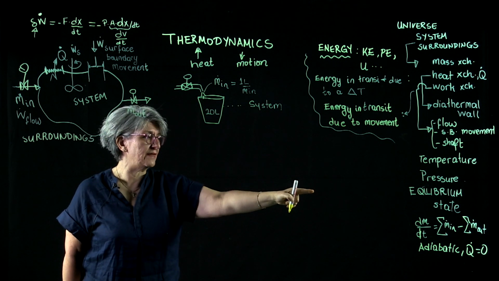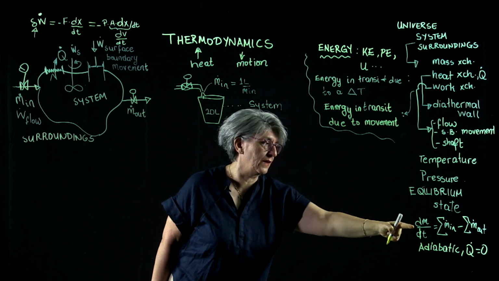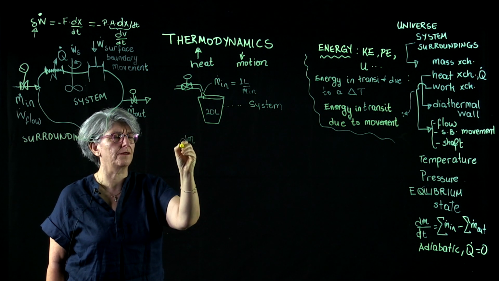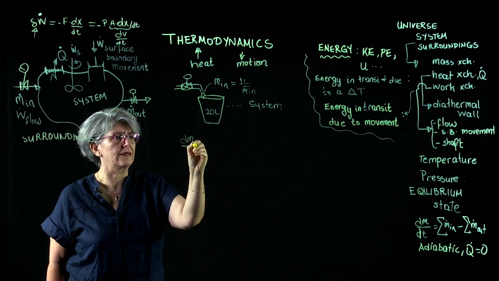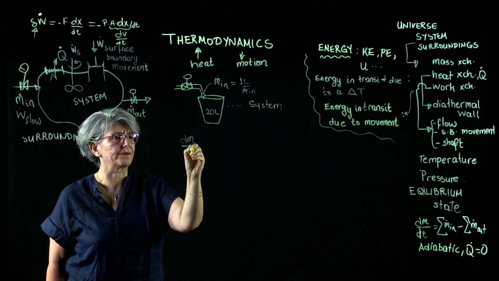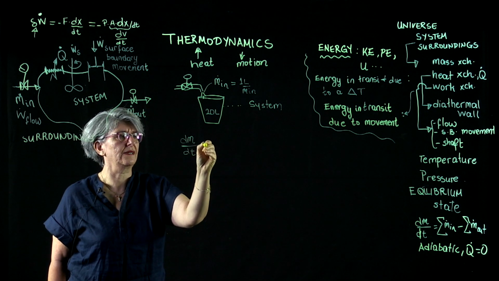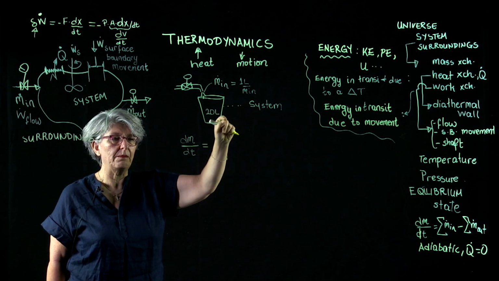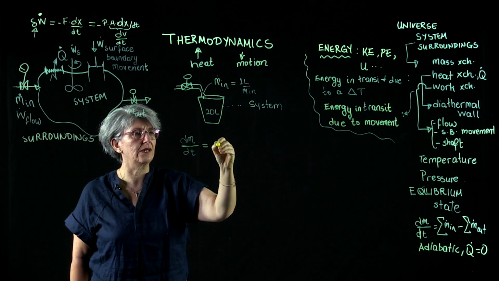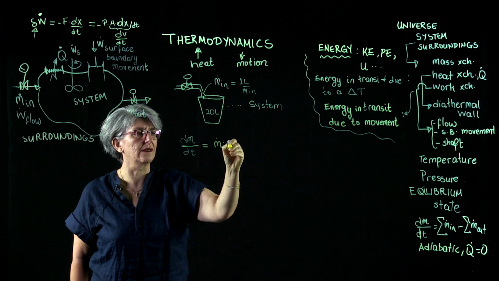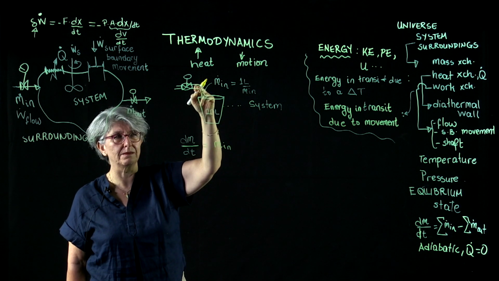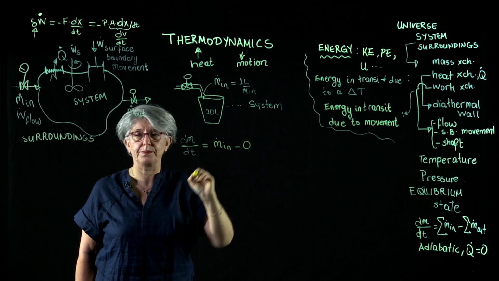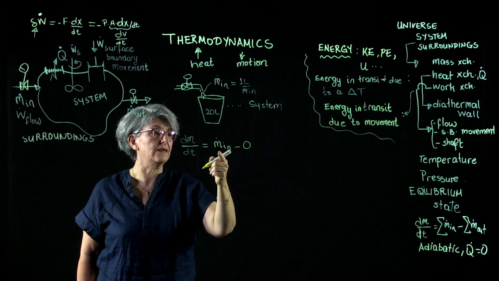My balance equation says that the time rate of change of total mass within the system is the rate with which mass flows through the system boundary, m dot in. I only have one stream. This is an open system. No outflow. And this is constant.